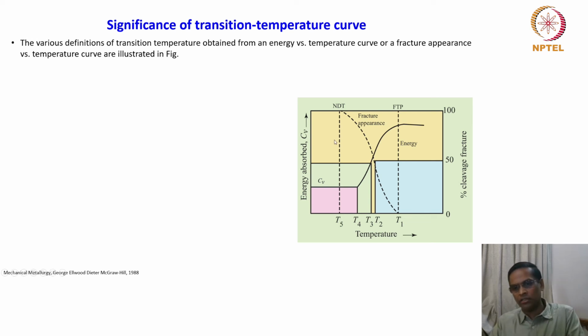And then there are different regions demarcated like NDT, FTP, and so on. So NDT, we are going to see, is the nil ductility temperature. Depending upon the fracture appearance, the temperatures are defined. We will see them one by one.